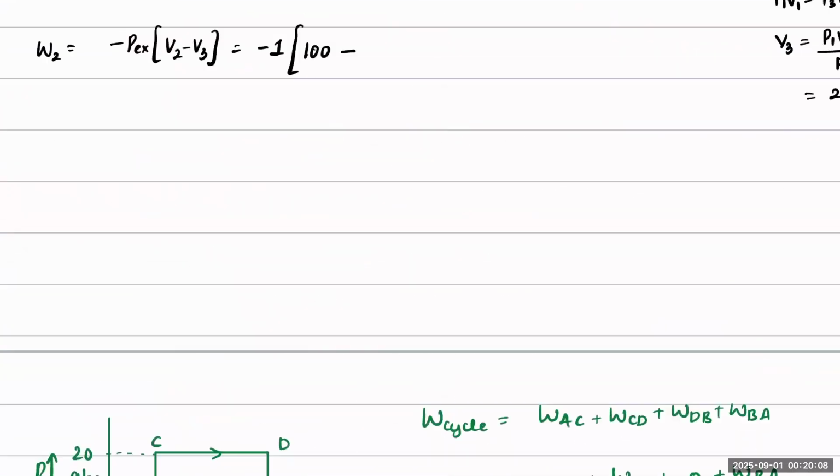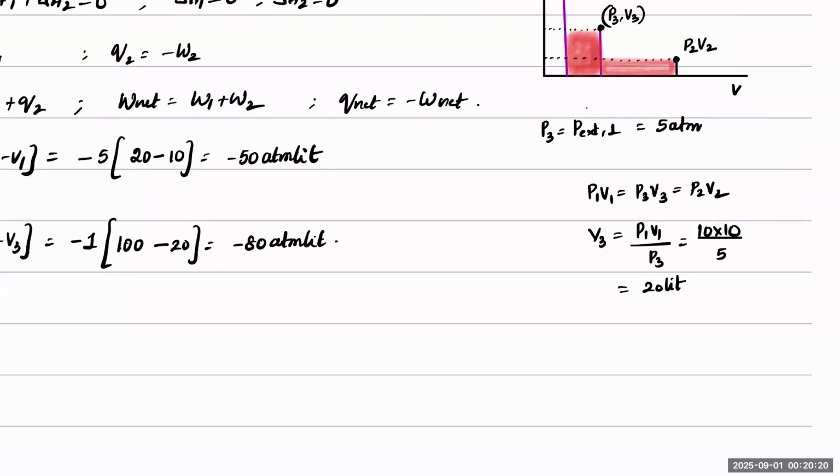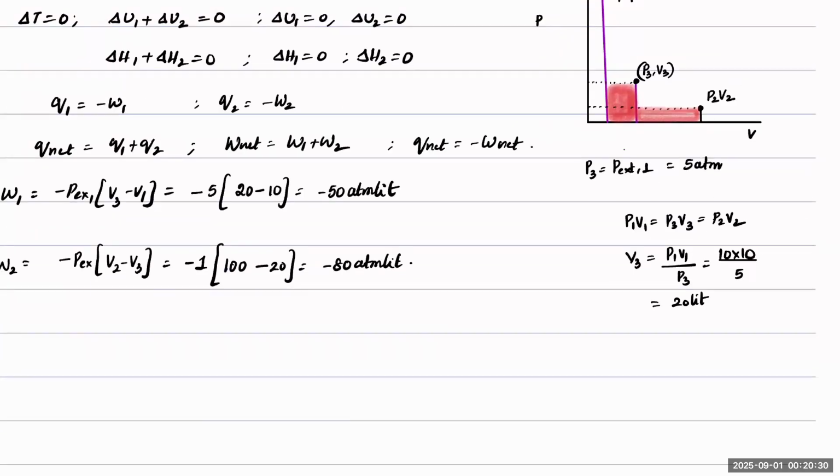It is reaching 100 liters, minus what we got earlier as 20 liters. So that is minus 80 atm liter. So this area would be around minus 80 atm liter, and this area would be around minus 50 atm liter. Yes, everybody.